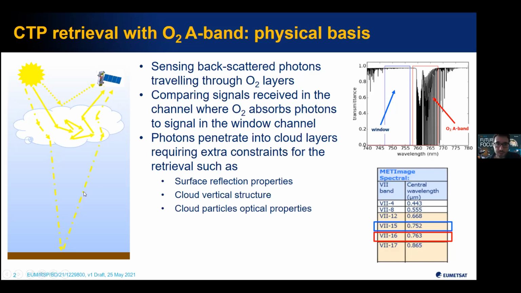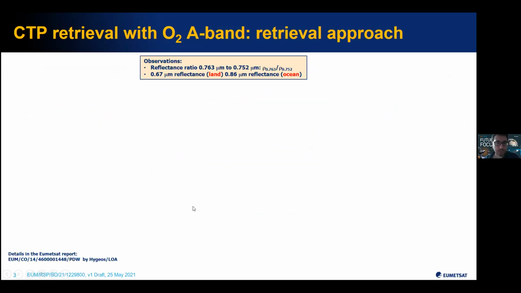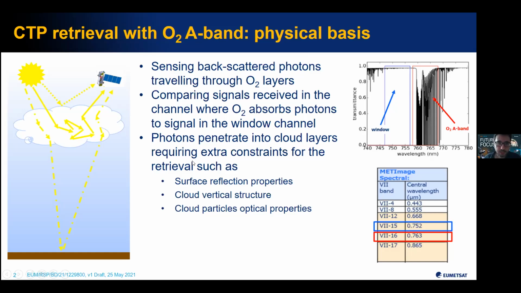So such a retrieval has to take into account these problems, in particular the surface reflection, the cloud vertical structure, and the optical properties of the particles within the cloud.